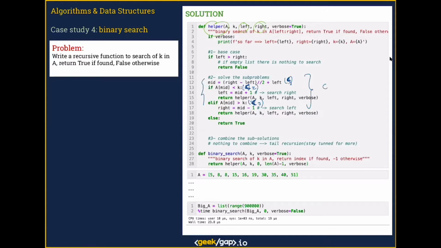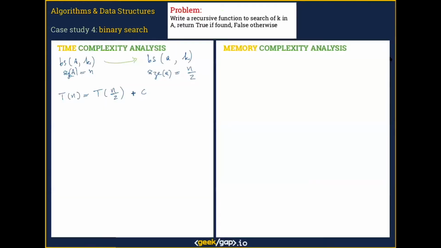In order to decide what to do next, you have a constant time operation. And once you have decided what the next step is, that next step is a smaller problem of size n divided by 2. And that's how that recurrence formula comes.